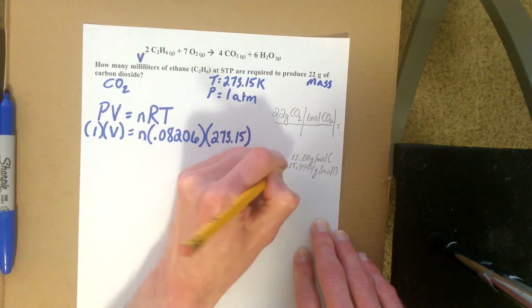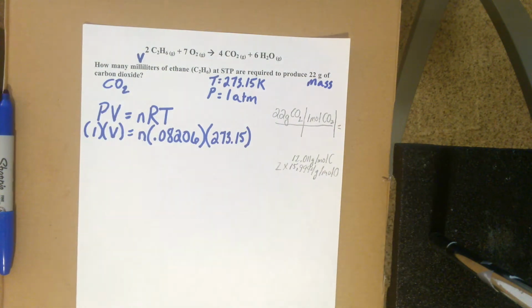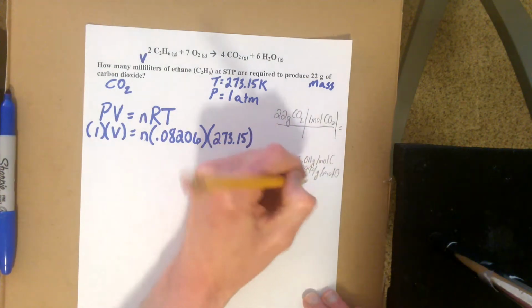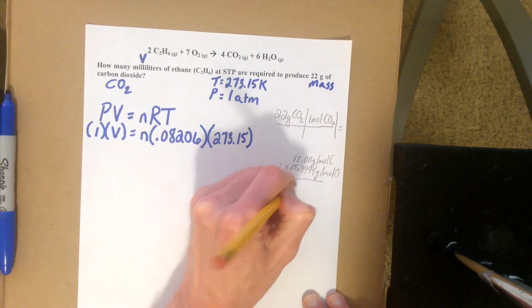Now we're going to have 2 of those because this is CO2. Just a little reminder, subscripts inside of a chemical formula tell me how many moles of that particular element are present, so don't be alarmed by that. So we add those values up, and we're going to come up with about 44.